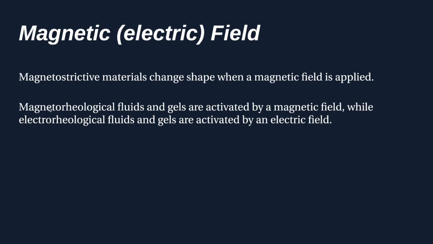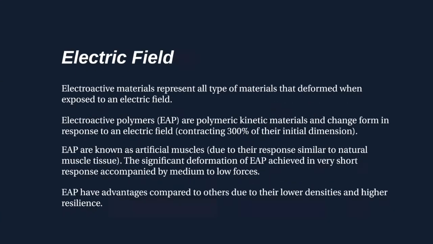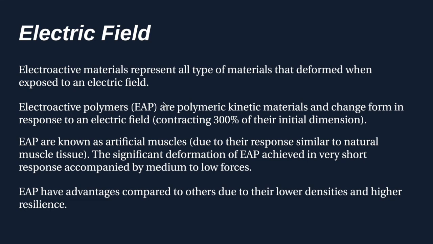And the other stimuli is the magnetic field. We have the electroactive materials, the electrolytic fluids. We have the electric field, we have electroactive materials, we have the polymers. So you can change the form in response to the electric field.